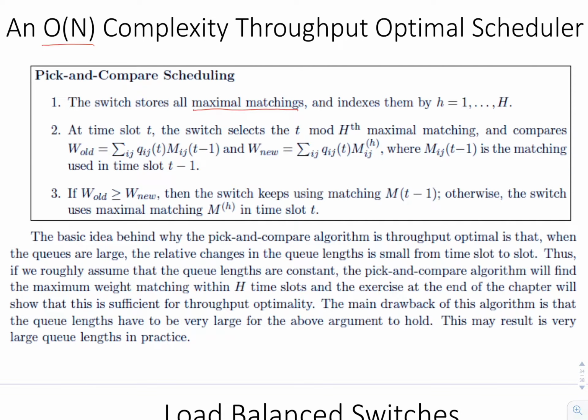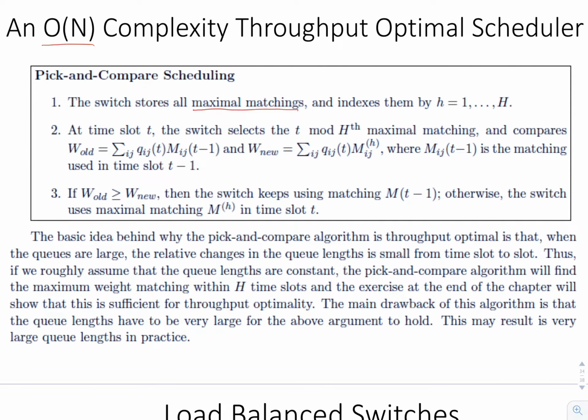However, this could be taken care of by keeping a reordering buffer at the virtual output queues. There's a nice extension to this, which is a randomized algorithm, which we can call randomized load balancing.